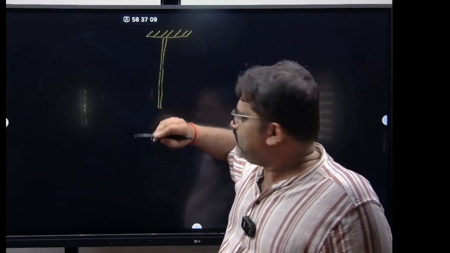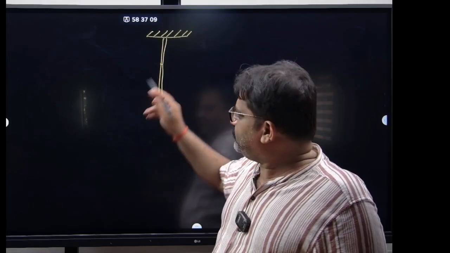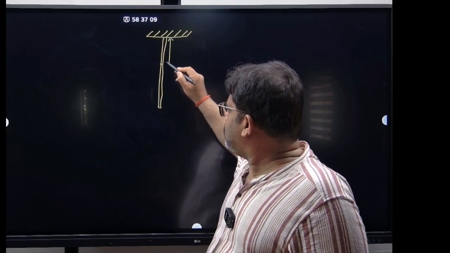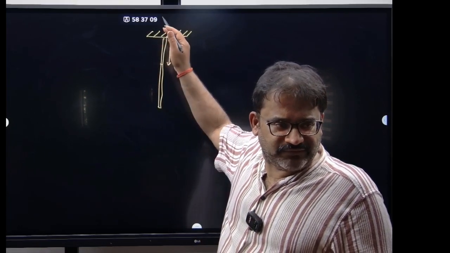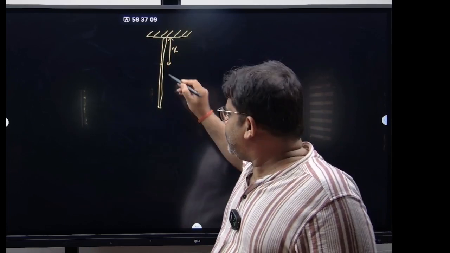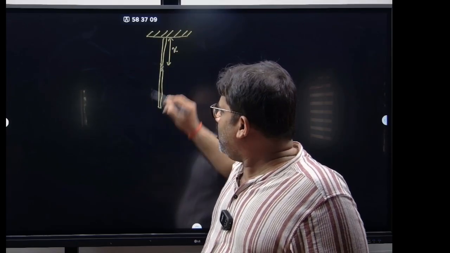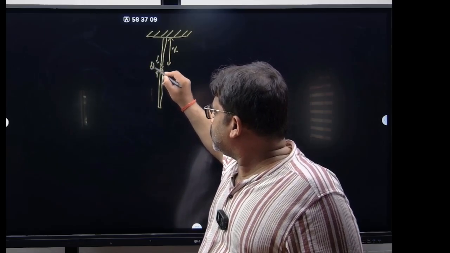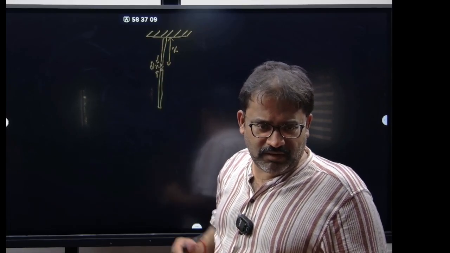Let us say that I consider a certain position at a distance x from the point of suspension. Let me say that we are taking a small thickness of dx to determine the actual change in length.